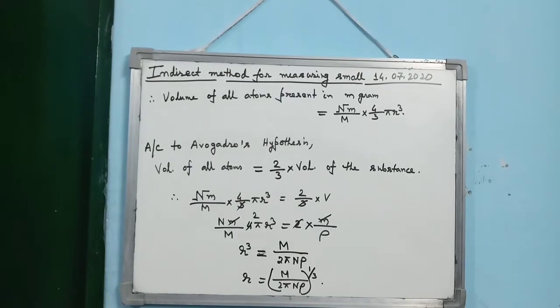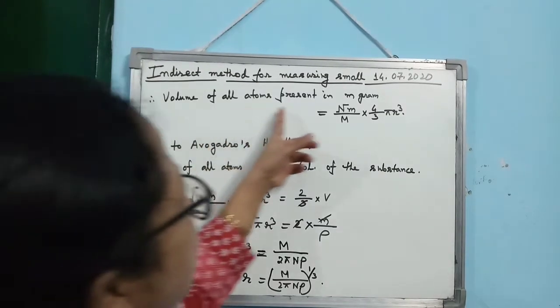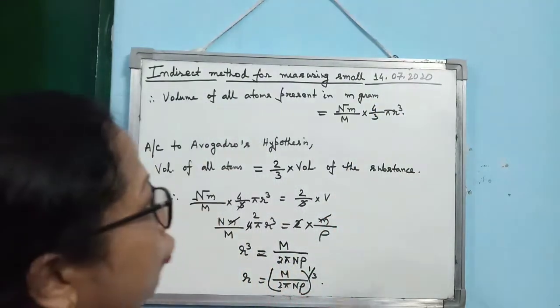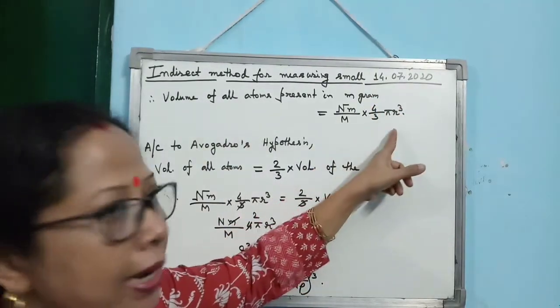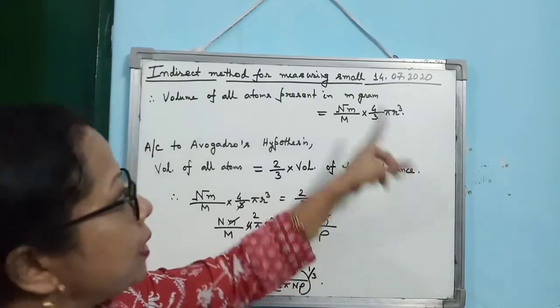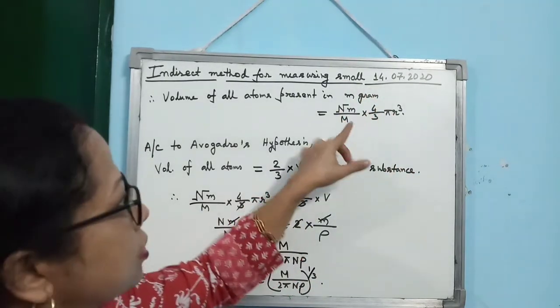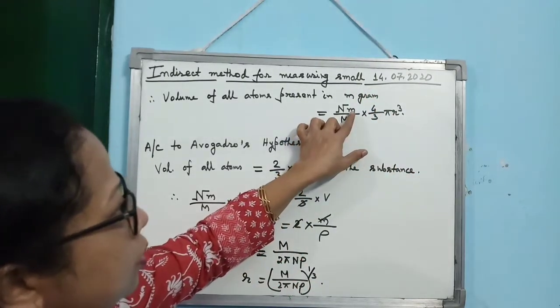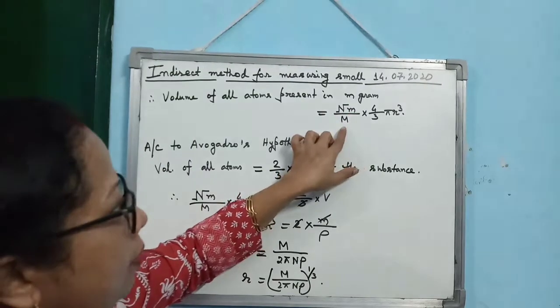So what will be the volume of all atoms present in m gram? The volume of one atom is 4/3 pi r cube, and how many atoms are present in m gram? We have done in the last expression, N into small m by big M.